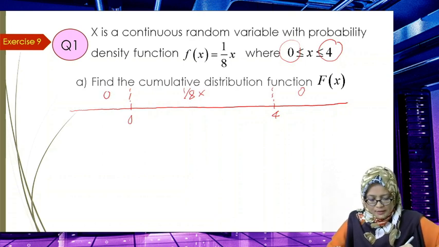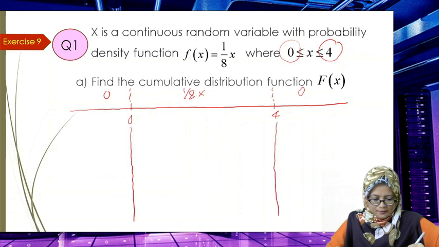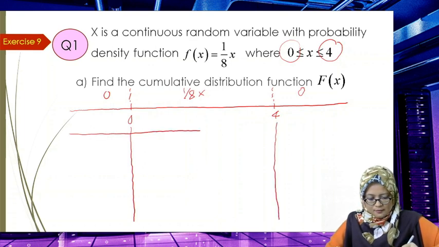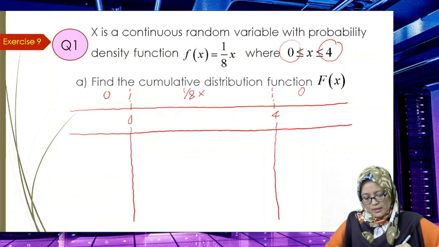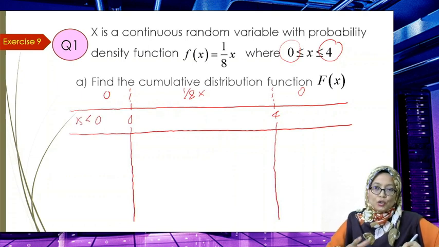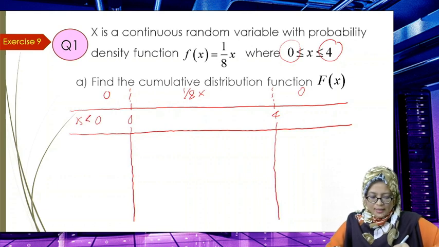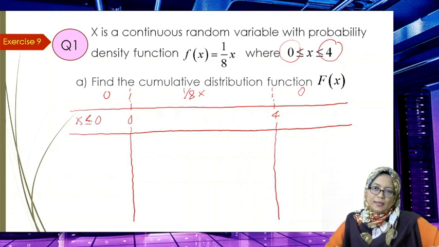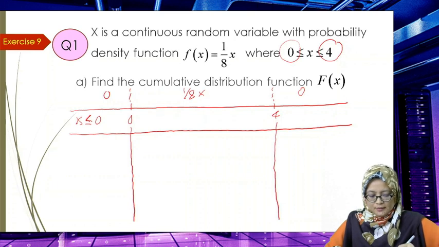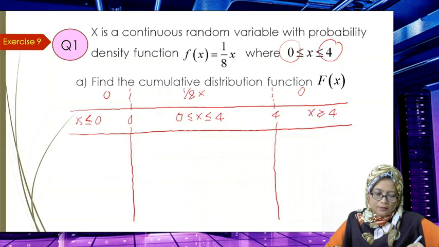Okay, so daripada sini kita akan buat dia punya divider. Okay, so ini adalah interval x less than 0. Untuk continuous, awak nak letak less than boleh, less than equal pun boleh, dia adalah sama. So sini kita ambil 0 until 4. So sini kita ambil x greater than or equal 4.